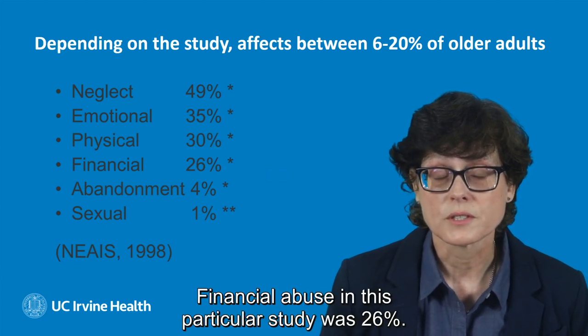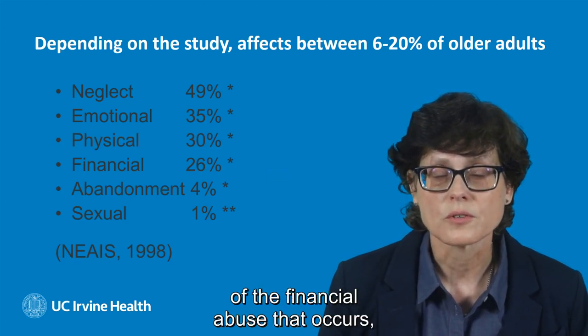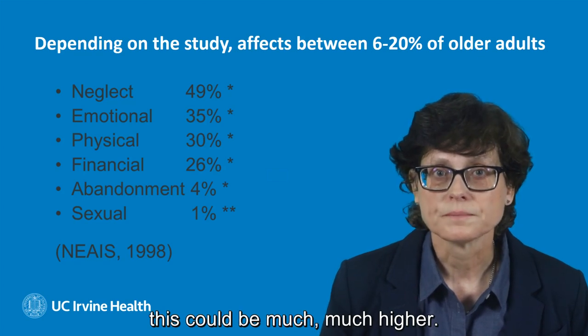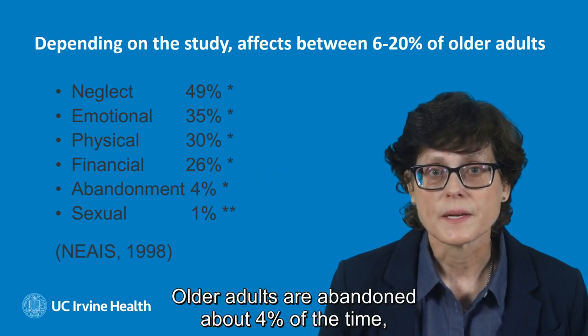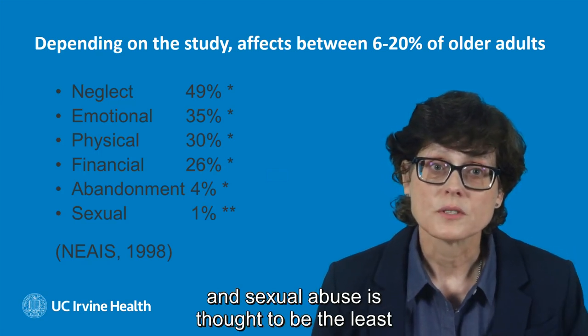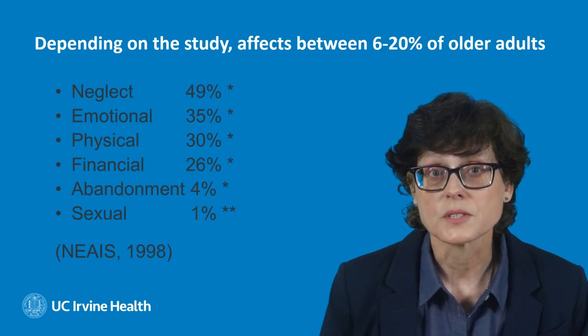Financial abuse in this particular study was 26%. However, if we take into account all of the financial abuse that occurs, this could be much, much higher. Older adults are abandoned about 4% of the time, and sexual abuse is thought to be the least amount of incidents at 1%.